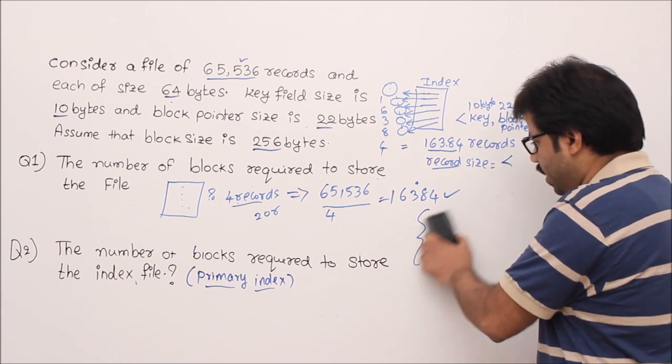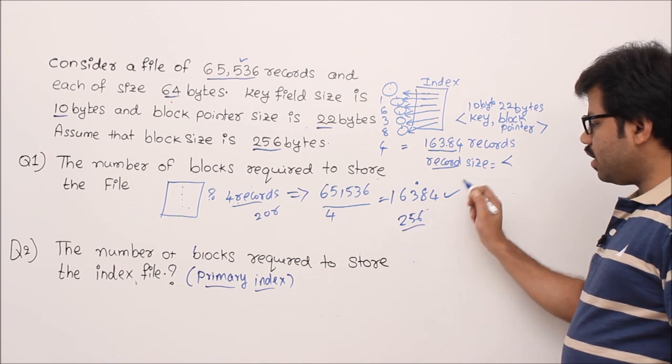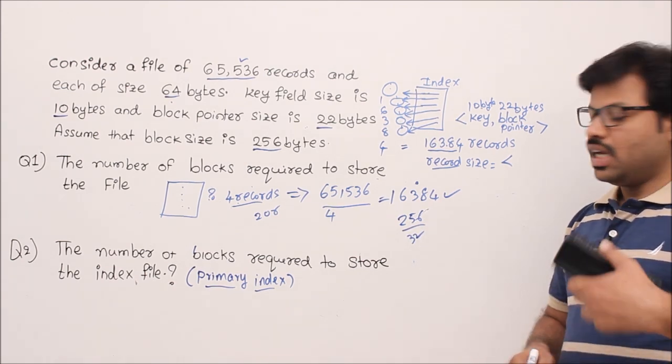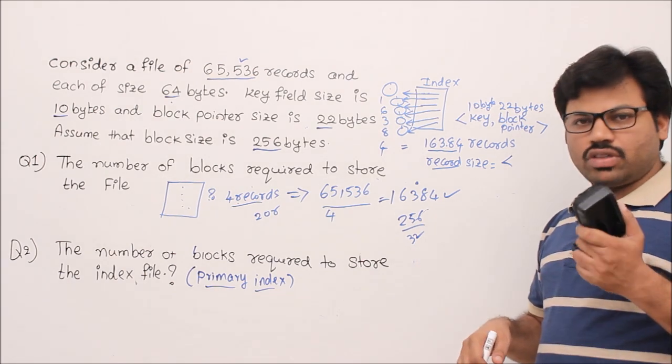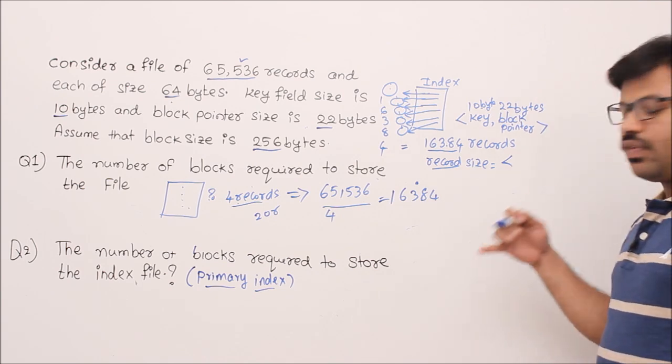It is 8, remember it. Again it is properly divisible, right? 256 is divisible by 32, so whether the organization is spanned or unspanned doesn't matter. Whenever it is not properly divisible, we should think about spanned and unspanned. We will see that in the next problem. At this moment there will not be any problem.